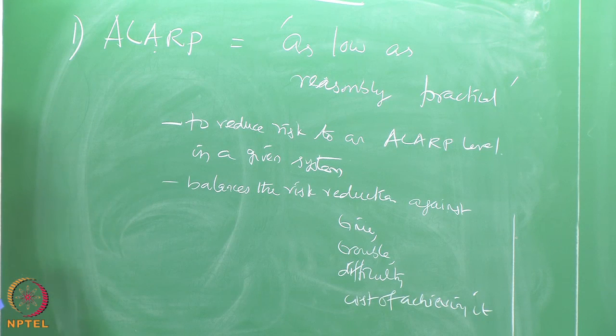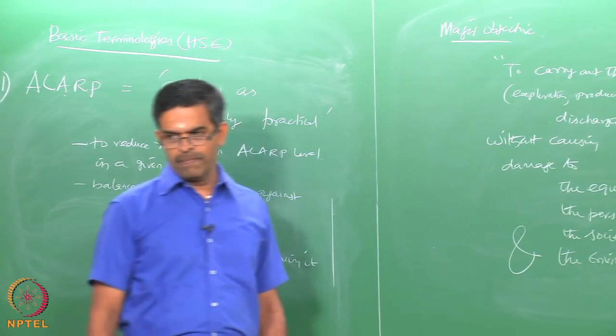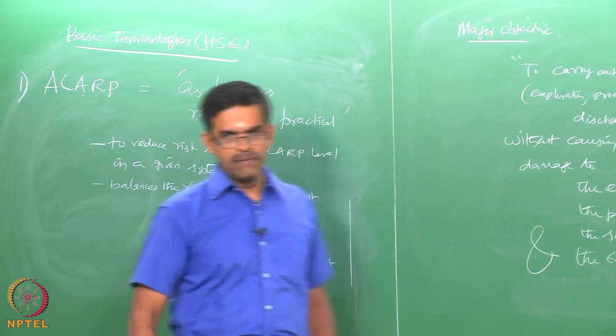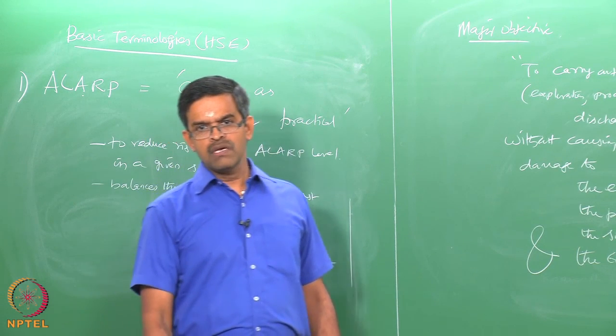ALARP level is very important, because this represents the point objectively assessed at which the time, trouble and difficulty, the cost of further reduction becomes unreasonably disproportionate to the additional risk reduction.